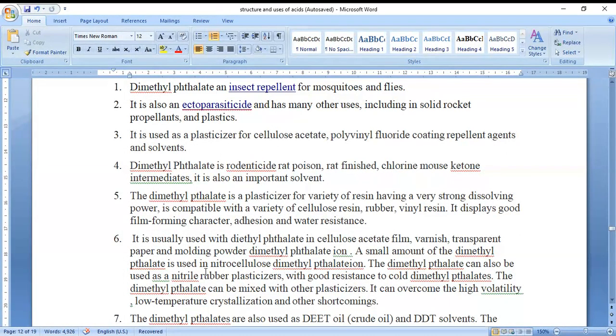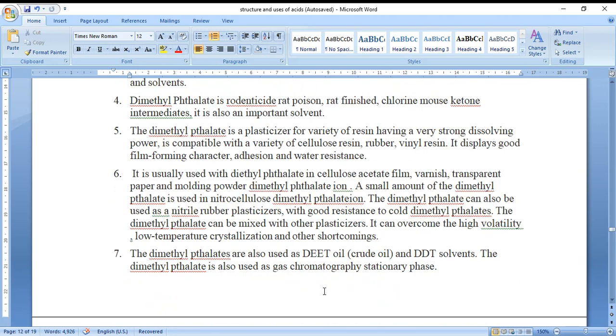A small amount of dimethyl phthalate is used in cellulose, and dimethyl phthalate can also be used as a nitrile rubber plasticizer with good resistance to cold. Dimethyl phthalate can be mixed with other plasticizers, and it can overcome the high volatility, the low temperature crystallization and other shortcomings.